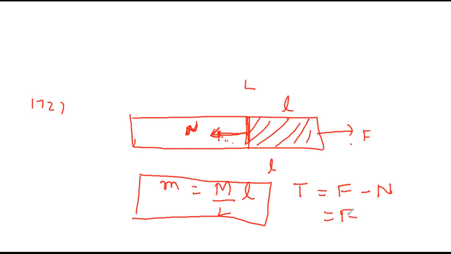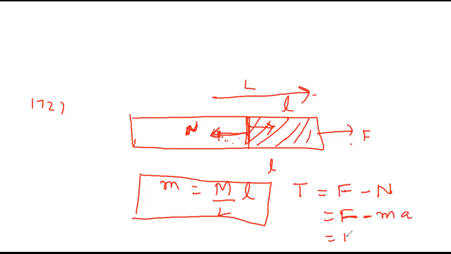F minus normal reaction. I have taken F larger because this is the force that is going to pull it. So this reaction part is nothing but this mass into acceleration.